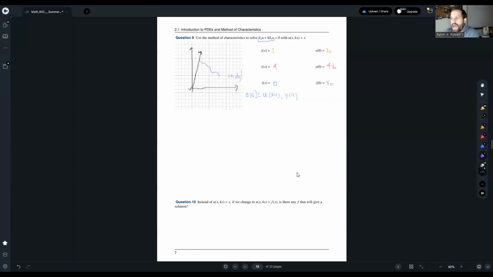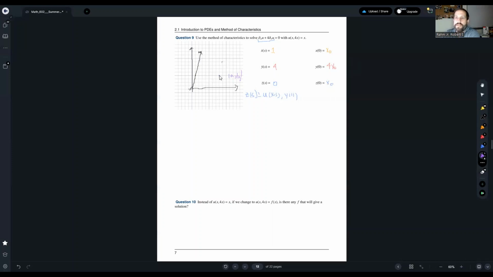Okay, but notice what's going to happen for this problem. Maybe some of you have already seen it. So what is the characteristic curve? Well, the characteristic curve has slope 4/1. In other words, the characteristic curve through this point is parallel to this black line here. So 1, 1, 2, 3, 4.